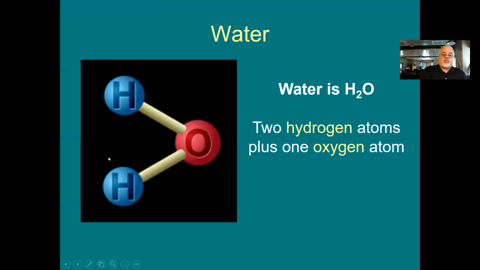And there's going to be a little less electron activity over here on average, kind of exposing these protons a little bit and their charge. So you end up with what's called a partial positive charge on the hydrogen end and a partial negative charge on the oxygen end. That makes water polar.